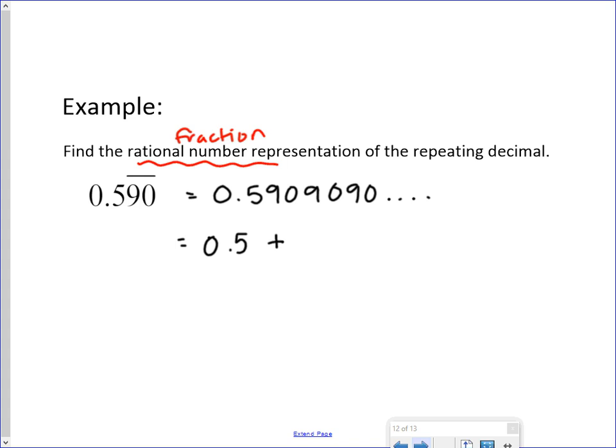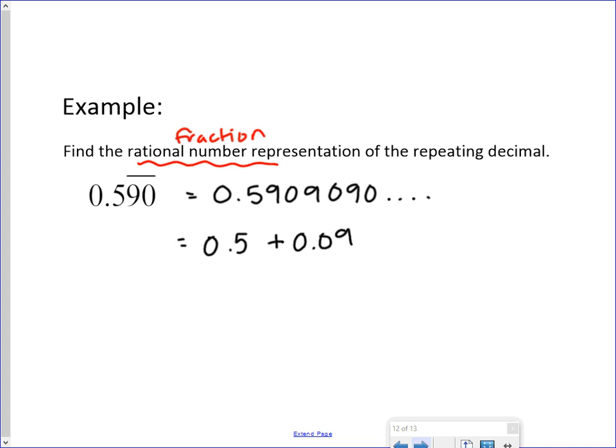And we're going to be adding to that 0.5, and then we're going to break up this stuff behind it into other decimals. So if I rounded it to 0.59, I would do 0.5 plus 0.09.